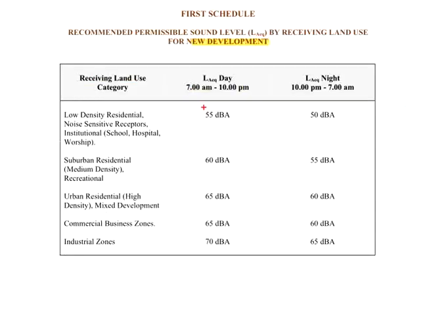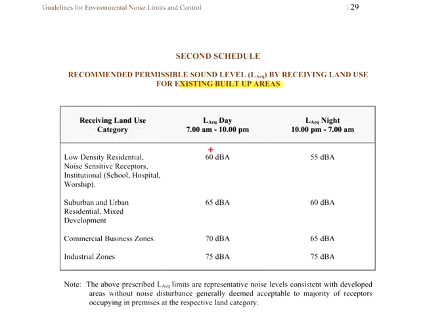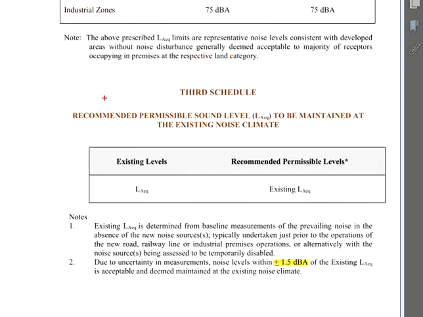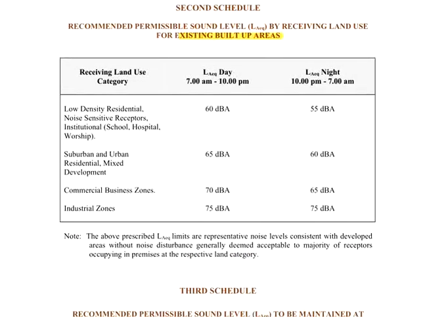The first schedule represents the desirable limits for the new development, whereas the second schedule is a more practical limit for developed and populated areas. If you compare the permissible sound level, the second schedule will have higher limits. That means it is slightly less stringent. Next, we talk about the third schedule. This schedule is used when the existing noise climate is already higher than the recommended limit as given in the Schedule 2.